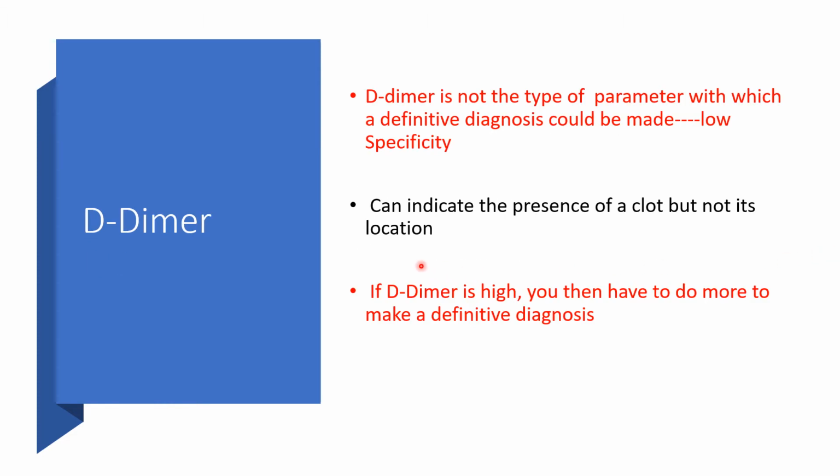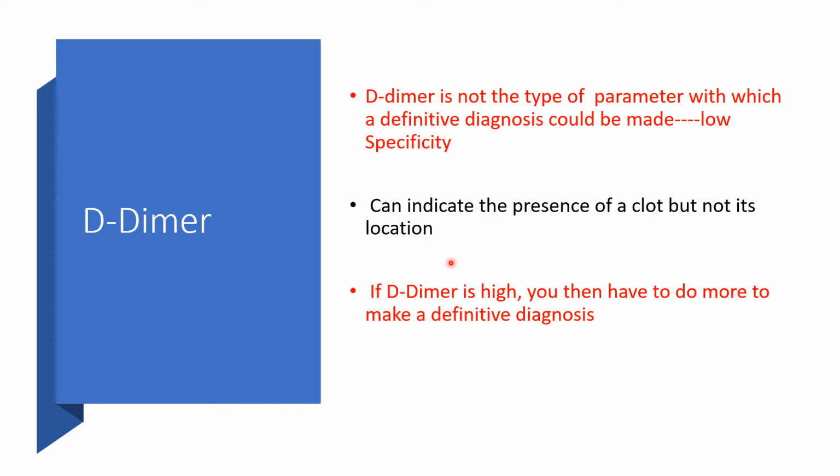The D-dimer is not the type of parameter with which a definitive diagnosis could be made. Why? It has low specificity. It can, however, indicate the presence of a clot, but not its location.